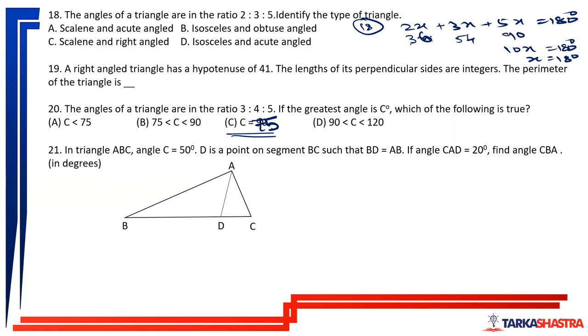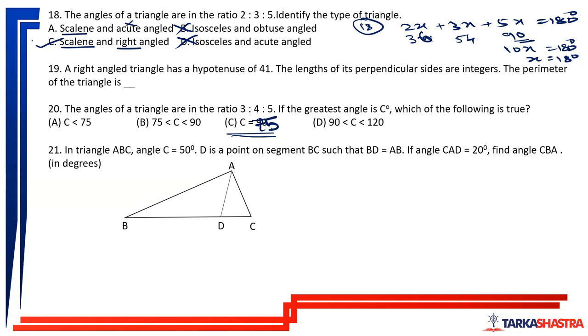So all the angles are different, so definitely it is not an isosceles triangle. Is it acute angle or right angle? Right angle, because we have 90 degrees over here. So it is a scalene triangle for sure, but it is not acute angle. It is a right angle triangle. So option C is your answer.